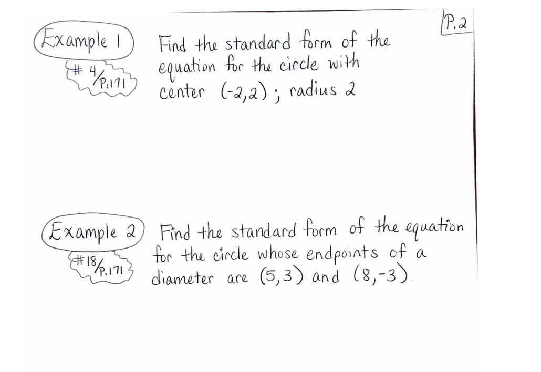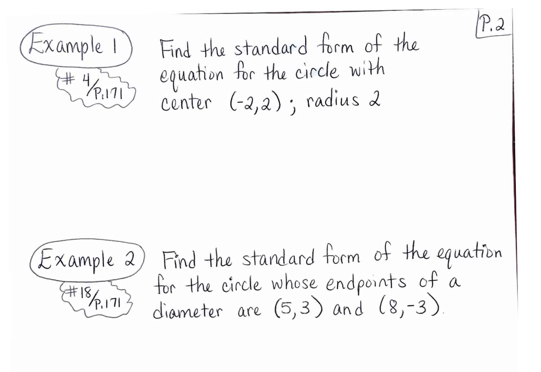So, an example. Let's play. You have to find the standard form of the equation for the circle with center -2, 2 and radius 2. So, what's our standard form? Give me the general equation. X minus h or x plus h?